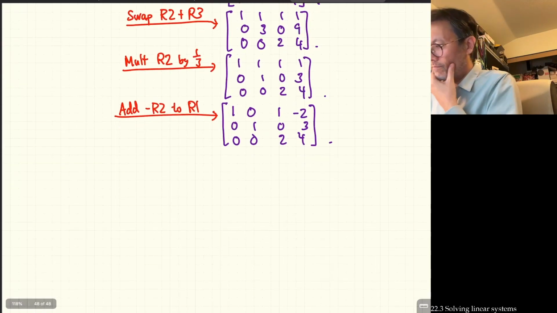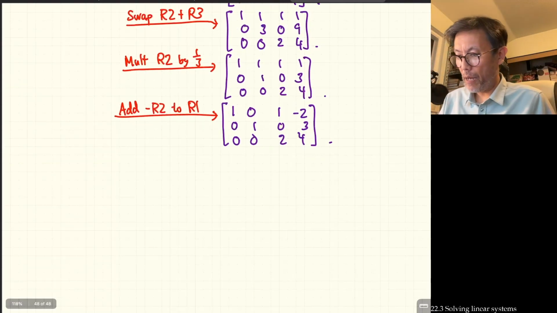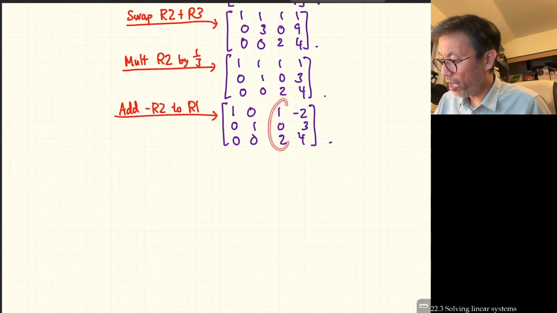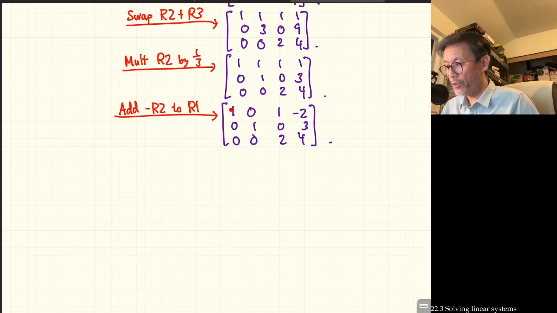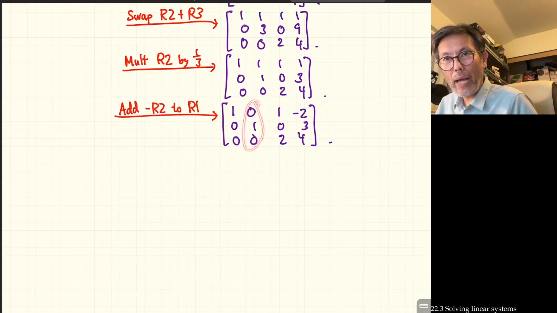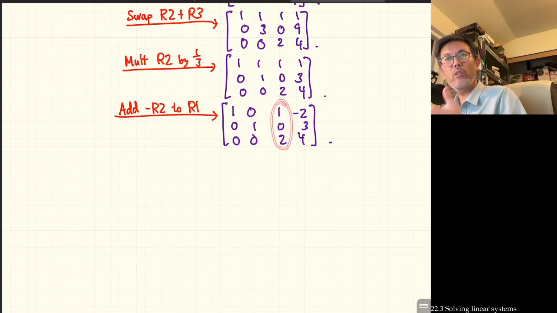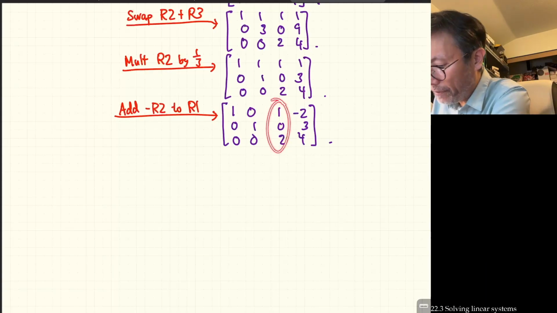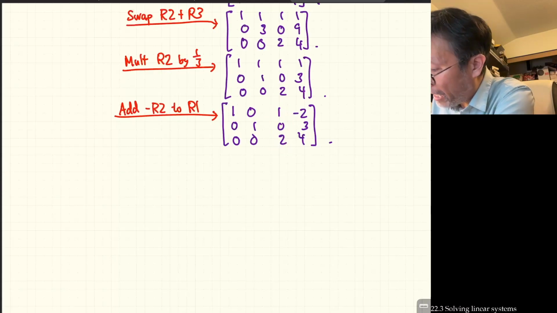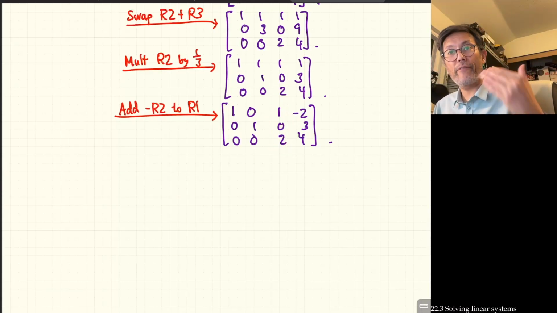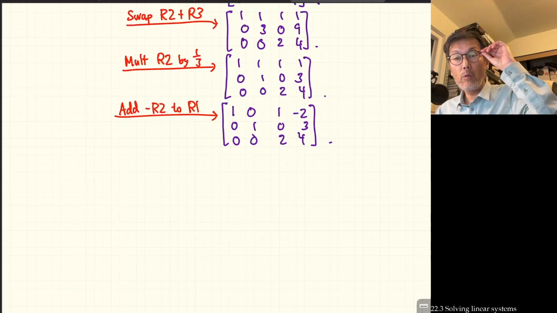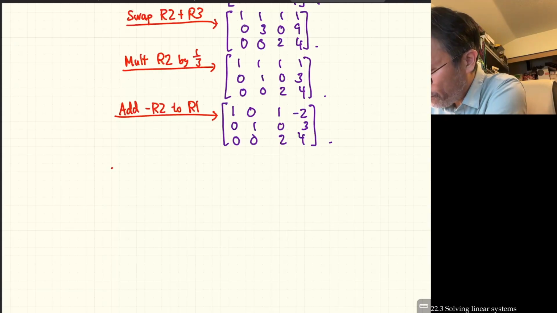All right. Next, I'm going to endeavor to make this column look kind of like these other two columns. I see 1, 0, 0. That's nice. I see 0, 1, 0. I'm happy. I want to make this last column look like 0, 0, 1. I can do that by first multiplying row 3 by 1/2.